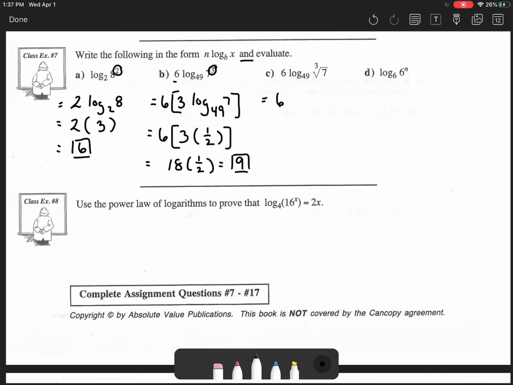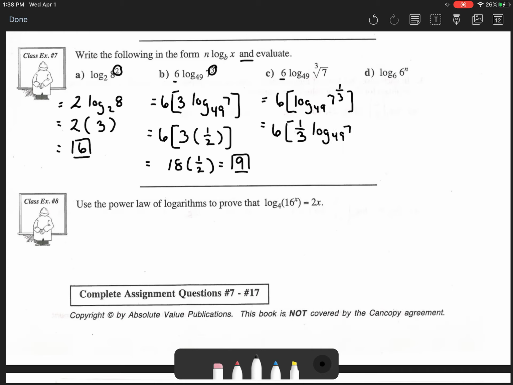In C, that 6 here is still on the outside. What I want to do is figure out what's going on here with the log expression. So this is going to be log base 49. Now this is going to be 7 to the exponent of 1/3. That's how I replace a cube root. So again, that exponent of 1/3 comes down in front of the log expression. So there's the 1/3 now.